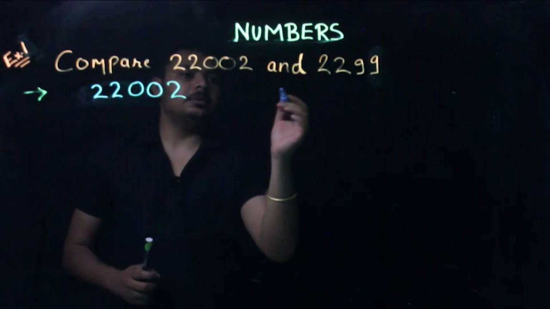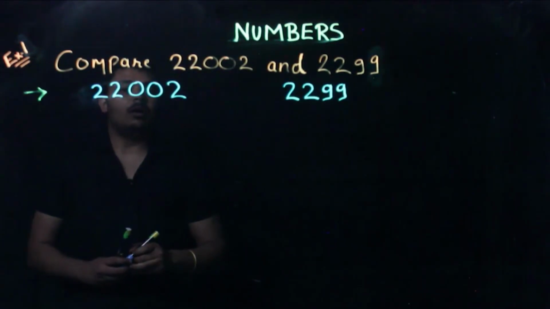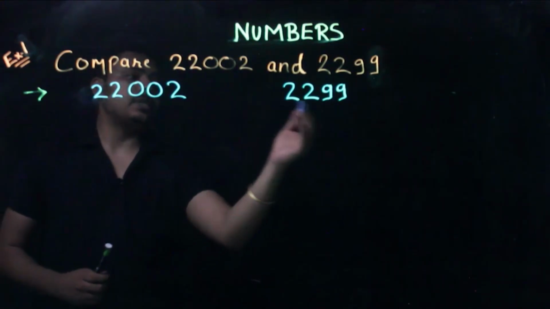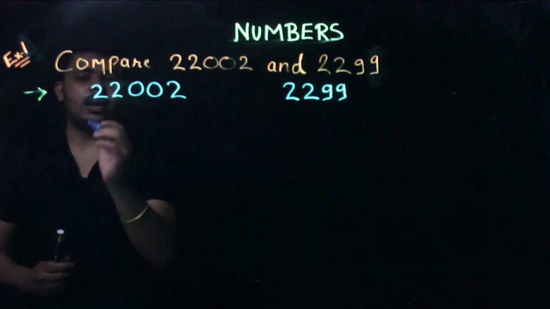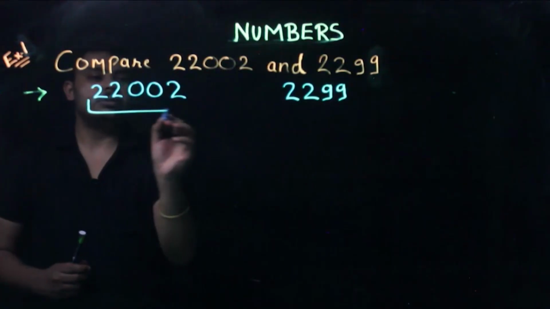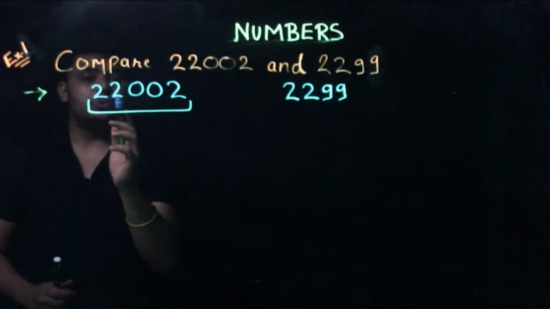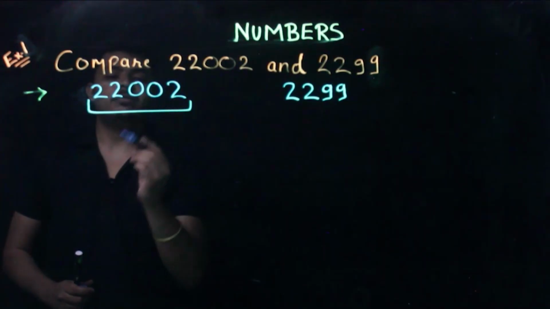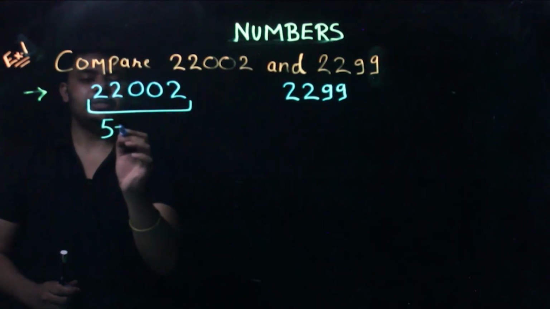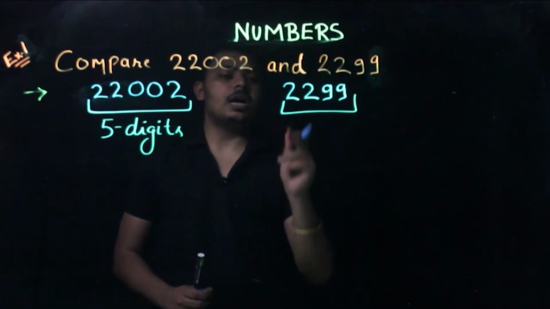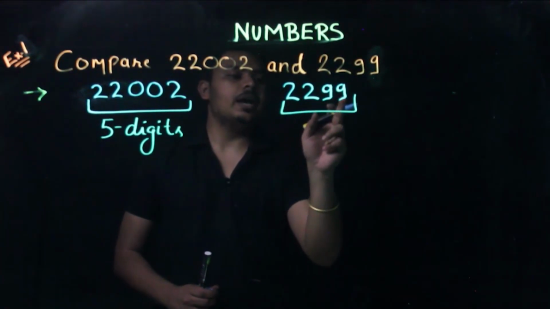Our first step would be to count the number of digits in both the numbers. So let's start counting the digits in our first number. So here the number of digits are 1, 2, 3, 4, 5. So I will write 5 digits. Similarly, for our second number, the number of digits are 1, 2, 3 and 4.